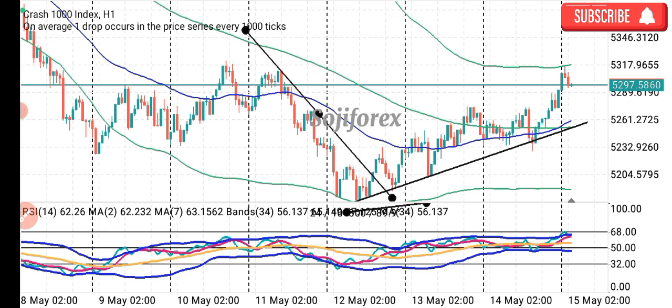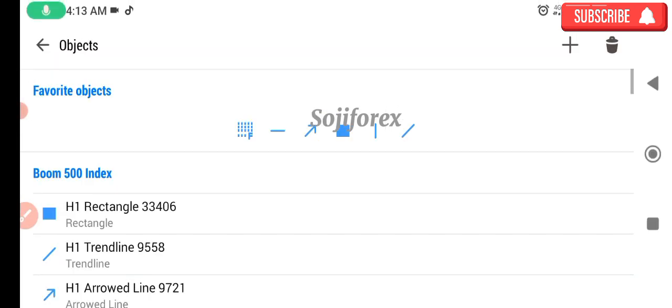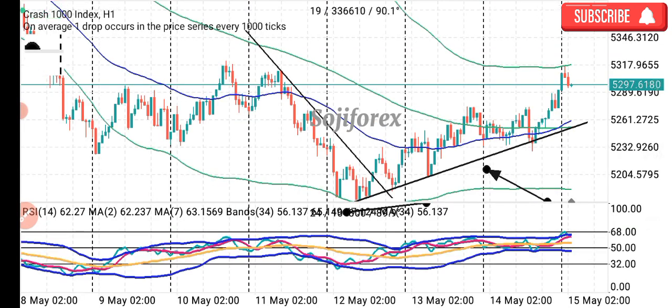Price already broke this, and price is already moving to the upside. So you should have made your entry here, because this is more or less like a break.